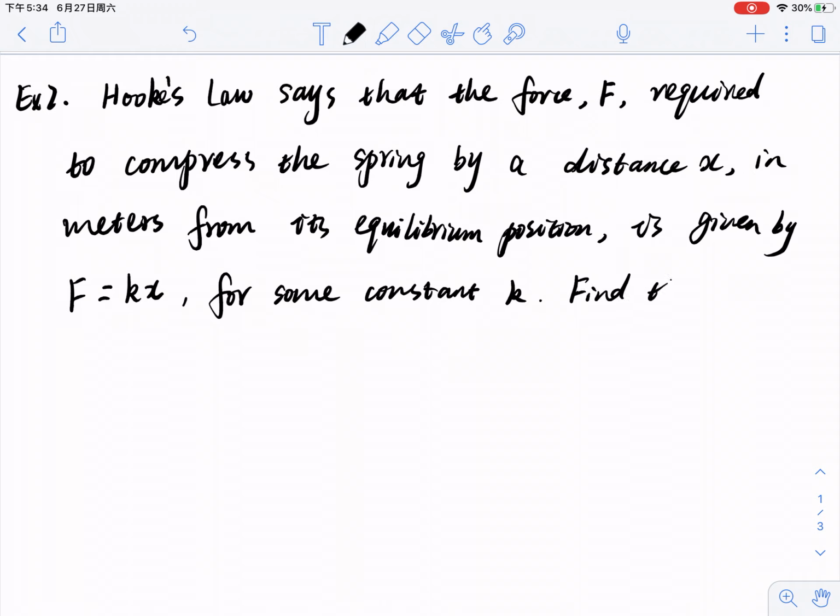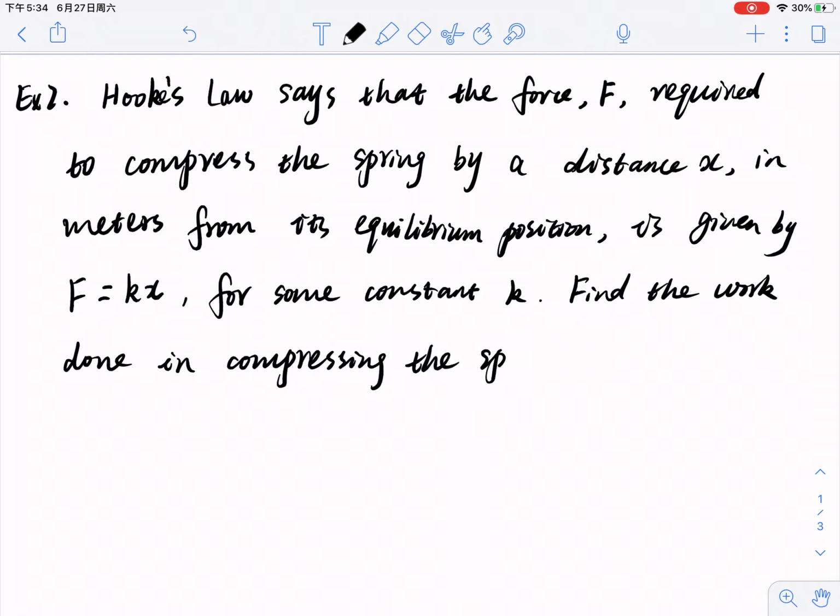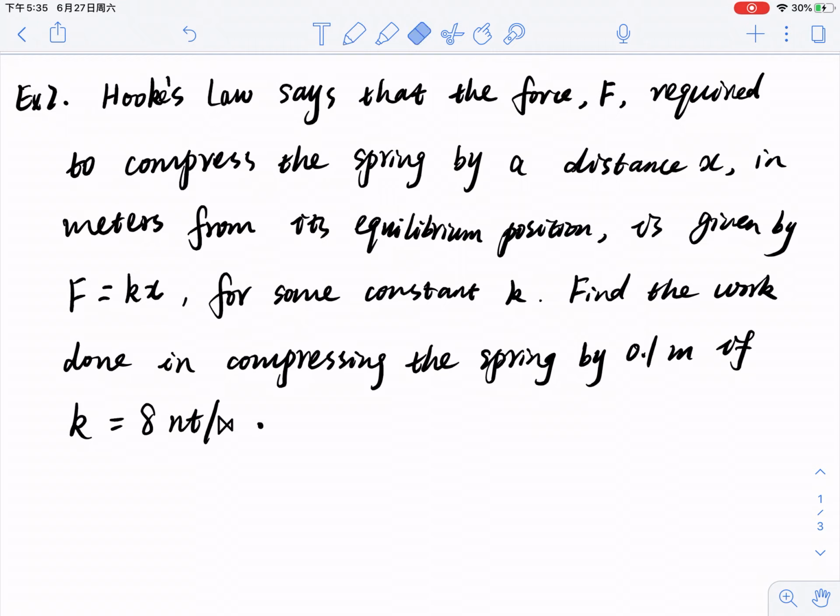Find the work done in compressing the spring by 0.1 meters if k is 8 newtons per meter.